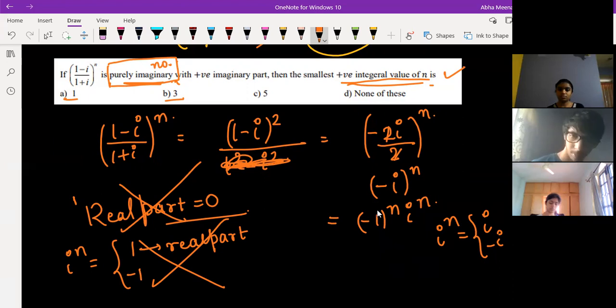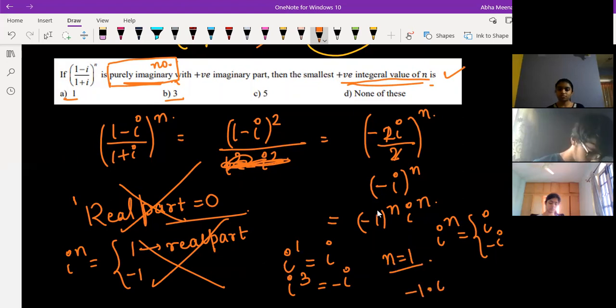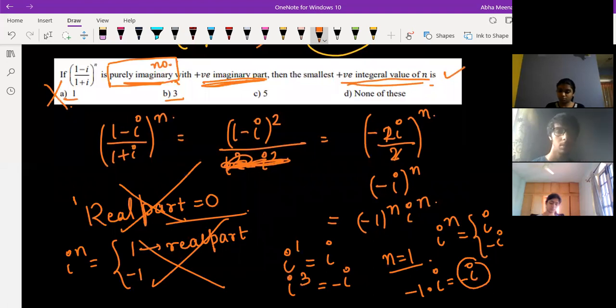Now see, i to the power 1 is equal to i, and i to the power 3 is equal to minus i. So if I take n equals 1, what do I have? Minus 1 into i, which is minus i. And is minus i a positive imaginary part? No. So n equals 1 is not the answer.